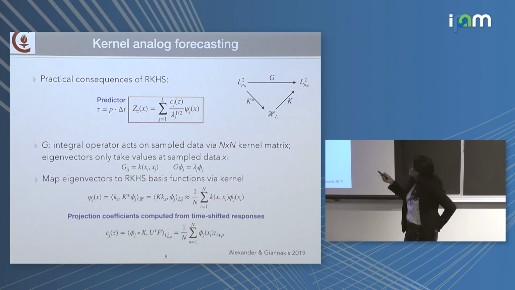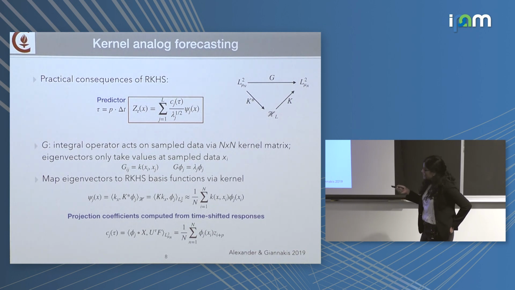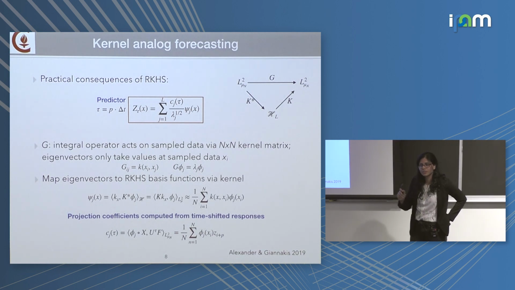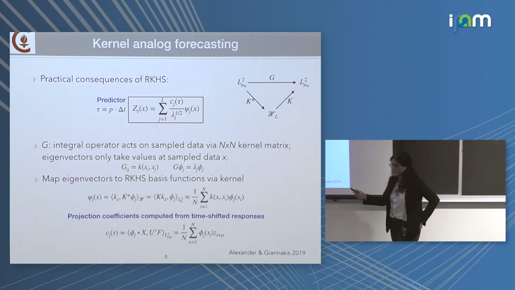So we can represent these spaces, L2 of mu, by these n-dimensional vectors. Because remember, we only have a finite amount of training data. We want to map these finite dimensional eigenvectors to the eigenfunctions that we can evaluate pointwise. And the kernel is the means to do that. And this is the crucial utility of an RKHS in our setting, the pointwise evaluation of the forecast UTF that I had on the previous slide.